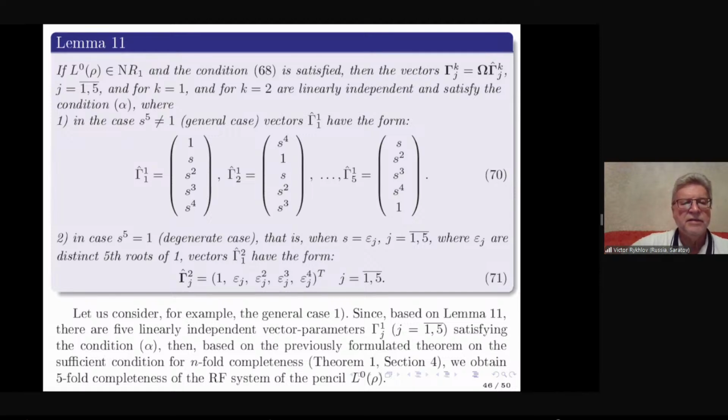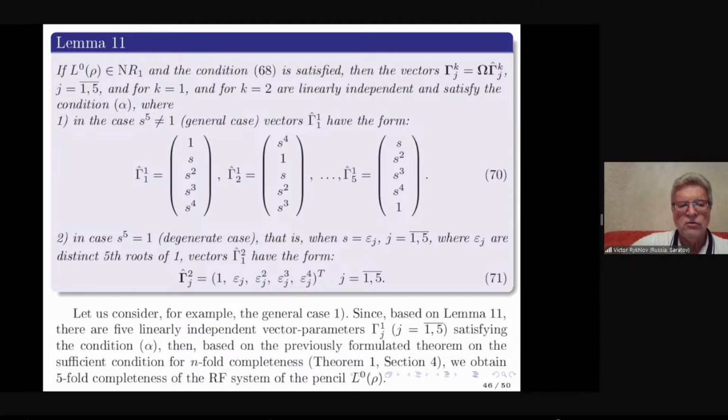Lemma 11 gives the vector parameters which belong to alpha. We have two cases: S to the fifth is not equal to 1, the general case, and S to the fifth power equals 1, the degenerate case.